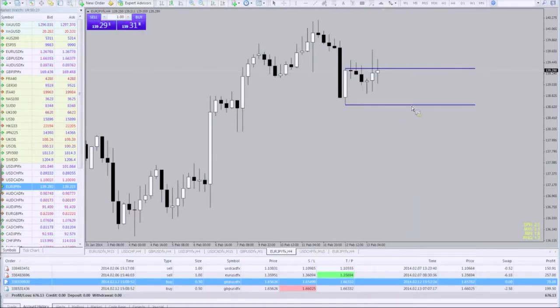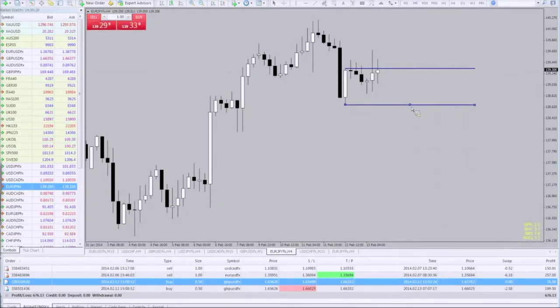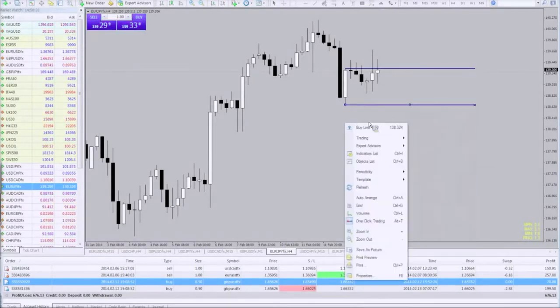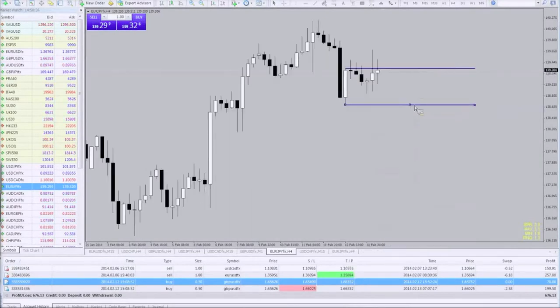You guys know what I'm trying to do. I'm trying to mark the line and it won't. I want to give this line a name, and for some reason it keeps bringing up the other stuff. Anyway, what I want to do is I want to go short below this line. Okay, that's essentially what I'd be looking at. I'd be looking at a short below that line.